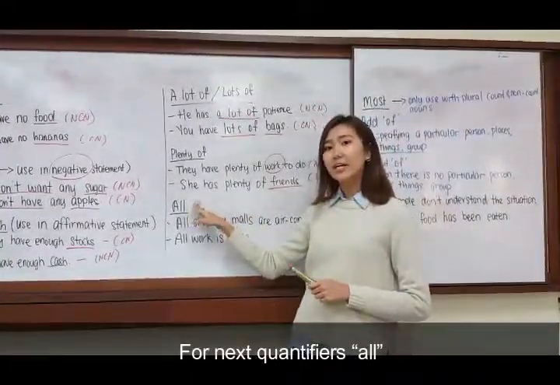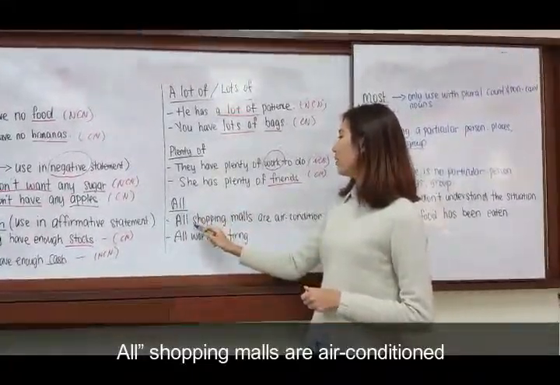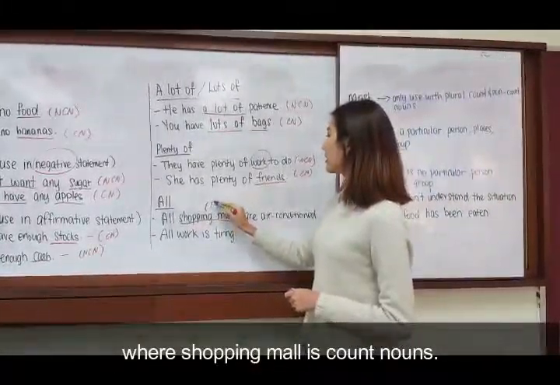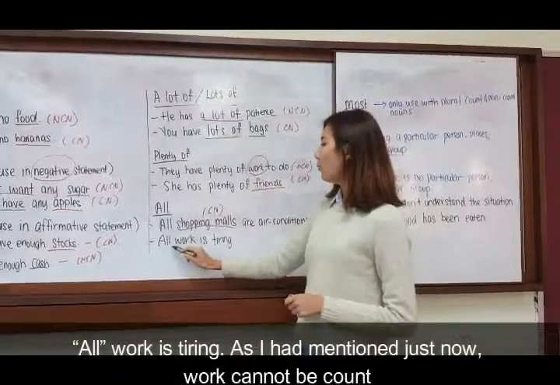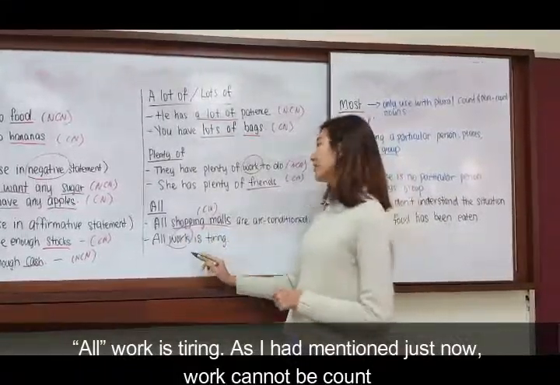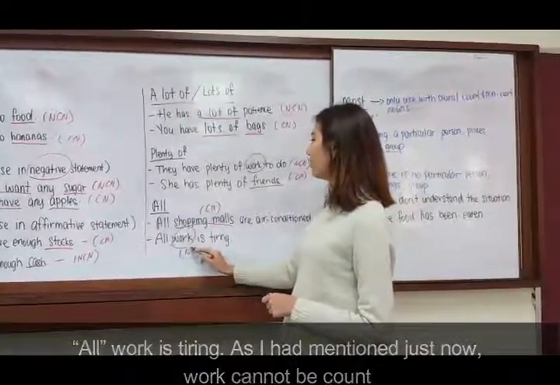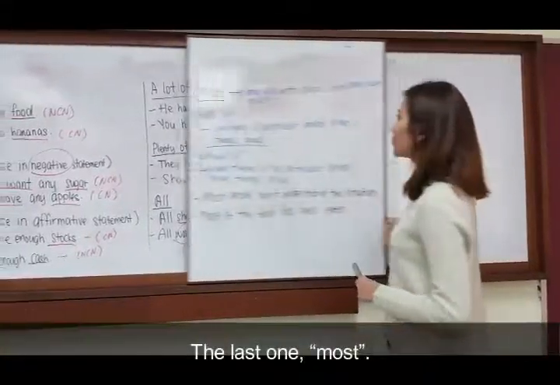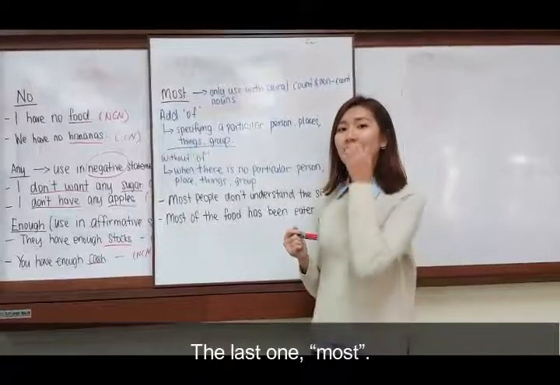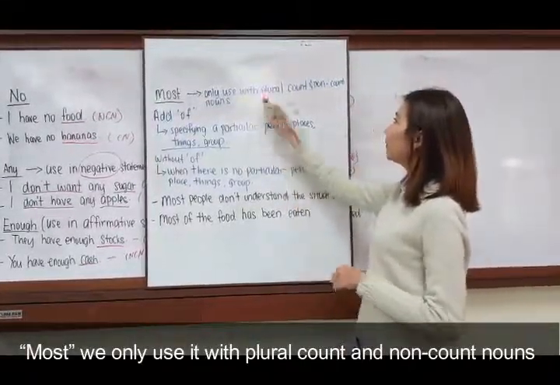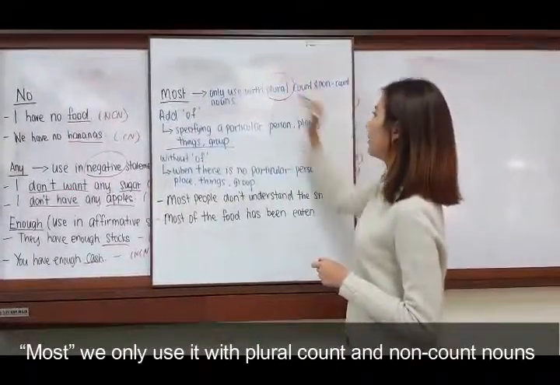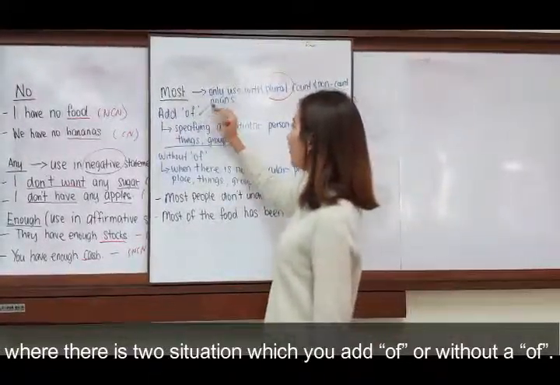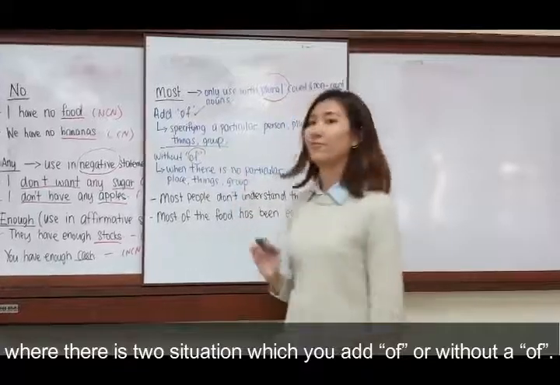For the next quantifier, all: all shopping malls are air conditioned, where shopping mall is a count noun. All work is tiring. As I've mentioned just now, work cannot be counted, so this is a non-count noun. The last one, most. Most, we only use it with plural count and non-count nouns, where there are two situations, which are with an of or without an of.